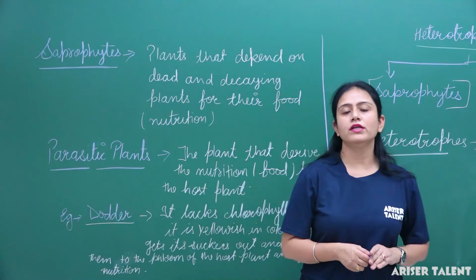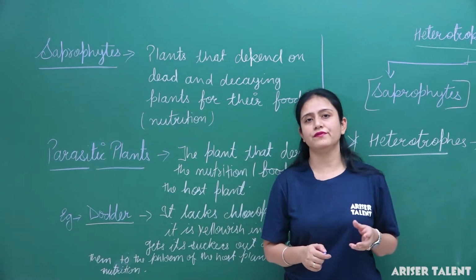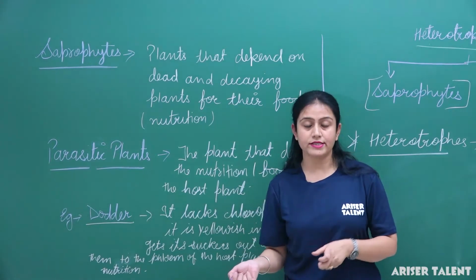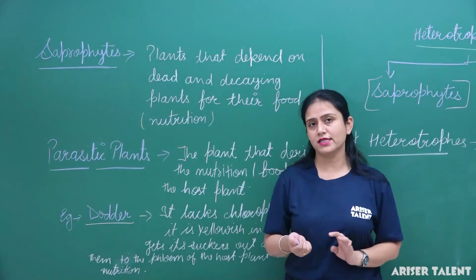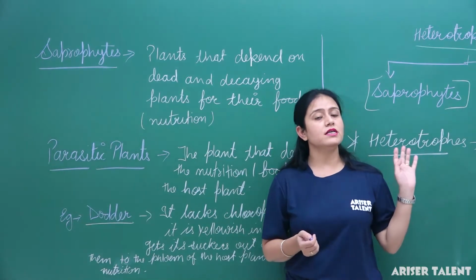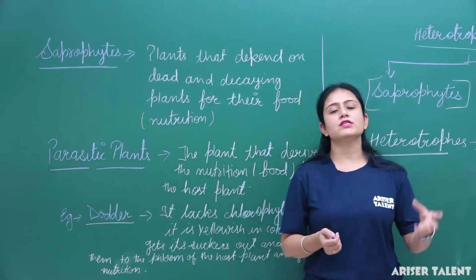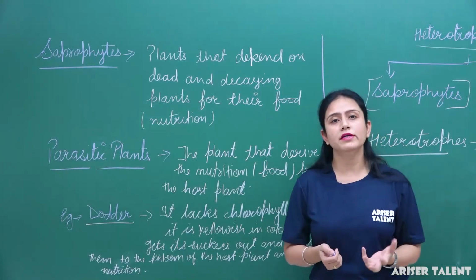Now we will talk about insectivorous plants. Insectivorous plants, as the name itself defines, means the plants which feed on insects. Now, why are these types of plants known as insectivorous plants? Even though these are autotrophic, they still feed on insects. This is because they lack some minerals.